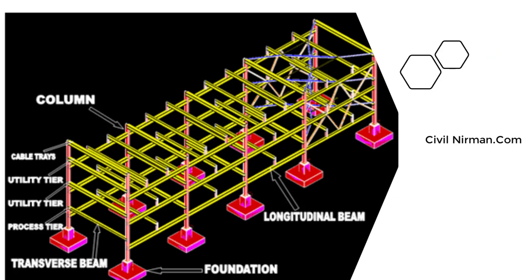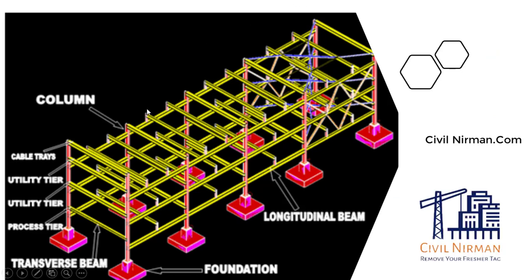Now let's explain various parts of a pipe rack through this particular picture. Here at the bottom, you can see in red color, those are the isolated foundations provided at the bottom of a column. The beams which are in the width direction are the transverse beams, which are generally moment connected. On the lengthwise, you can find the longitudinal beams.